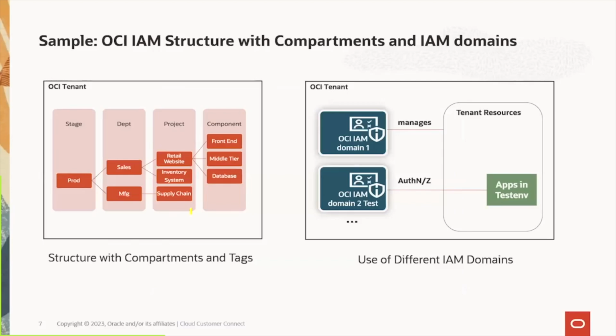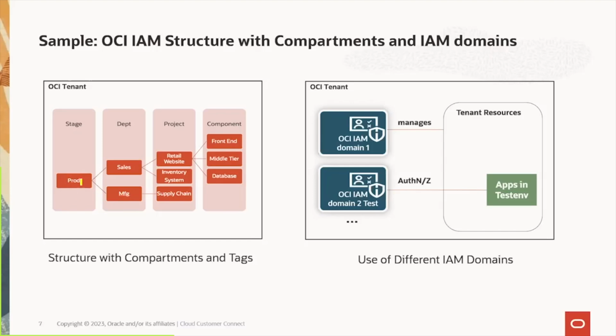Here's a picture which shows on the left side a sample of how a tenant can be structured. So you start with a root compartment. So this means the root is the tenant itself. And in the tenant, you can define different compartments. And you see here the red boxes are the compartment structure. You see this is like a tree. And here it's a structure based on the environment.